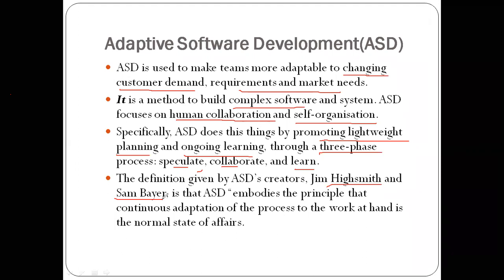That's why for each and every task, it's not a single person's work. But whoever is the main person in the team, we learn only those names. So here we are going to discuss Jim Highsmith and Sam Bayer, who developed this ASD method.